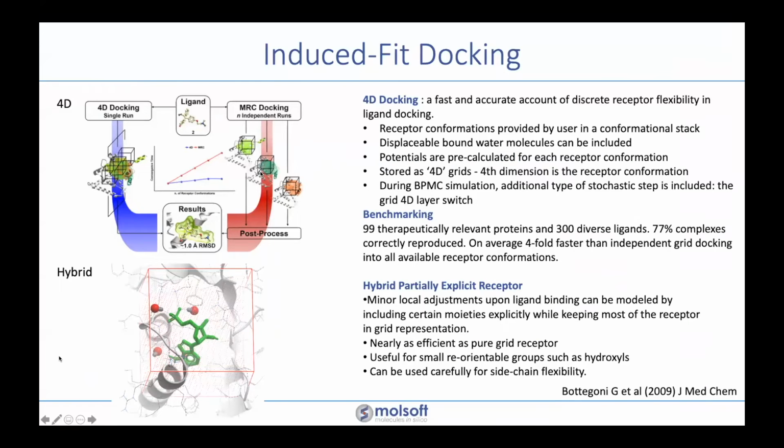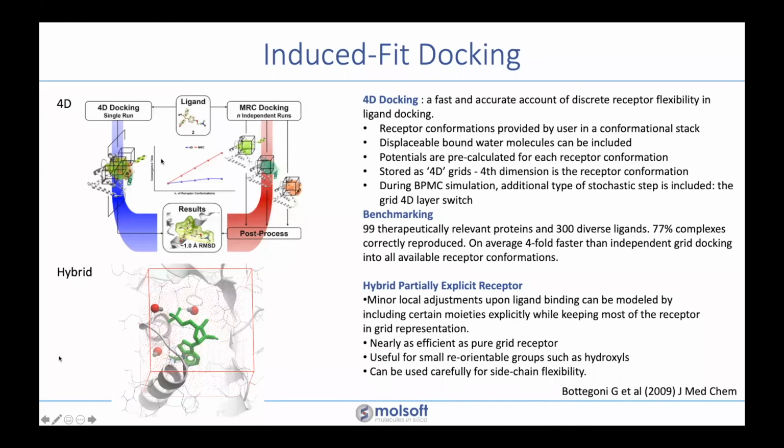induced fit docking. So obviously one of the challenges of docking is to incorporate somehow the flexibility of the binding pocket. So in the Ligand Editor, there's a couple of different ways to do that. One, the most efficient way is 4D docking.